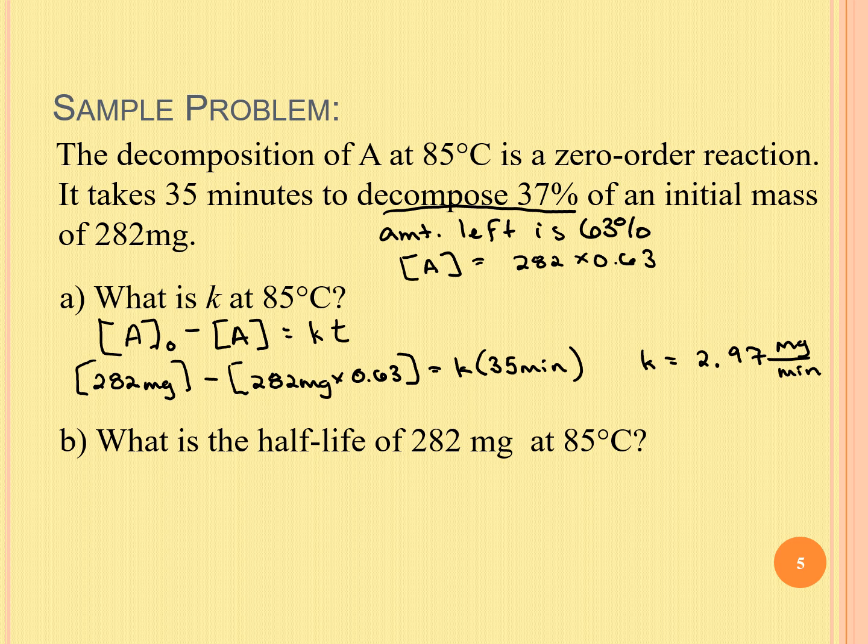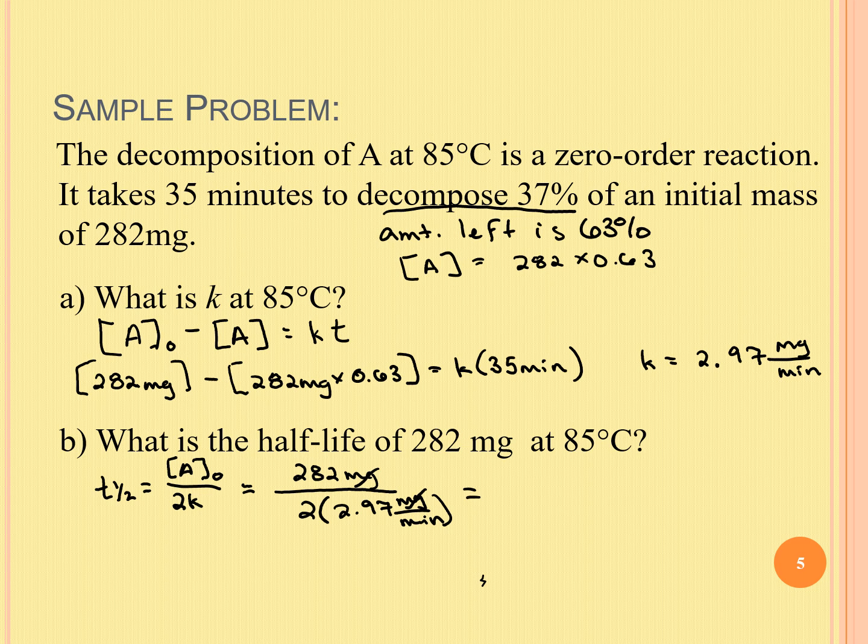Part B says, what is the half-life of this? Well, now we're just going to use our half-life equation, which is that our half-life is equal to our initial concentration divided by 2k. Good deal. We know all that information already. We don't have to look for anything new. Our half-life is going to be our 282 milligrams divided by 2 times the k that we just found, 2.97 milligrams per minute.